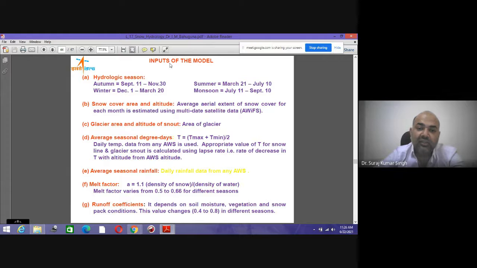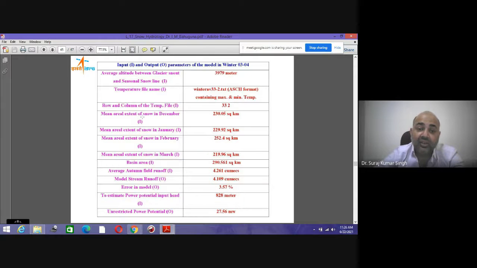The inputs for this model are the hydrological season; the snow area and coverage and altitude; then the glacier area and altitude; then average seasonal degree in temperature, average seasonal data, then melt factor and runoff coefficient. All of this has to be calculated. So what are the input and output parameters of this model?